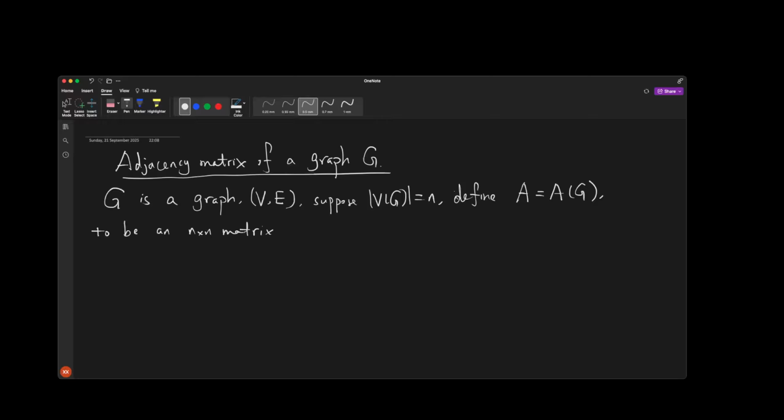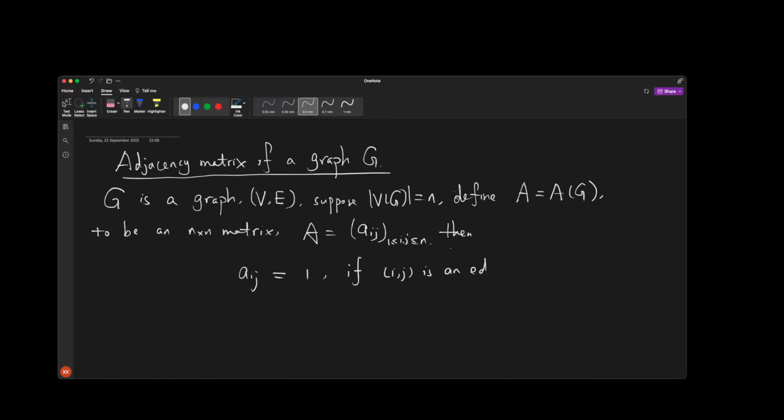So by definition, if you write this as A_ij, for i, j greater or equal than 1, smaller or equal than n, this is a way to write a matrix. If you have this, then by definition A_ij will equal 1 if ij is an edge.